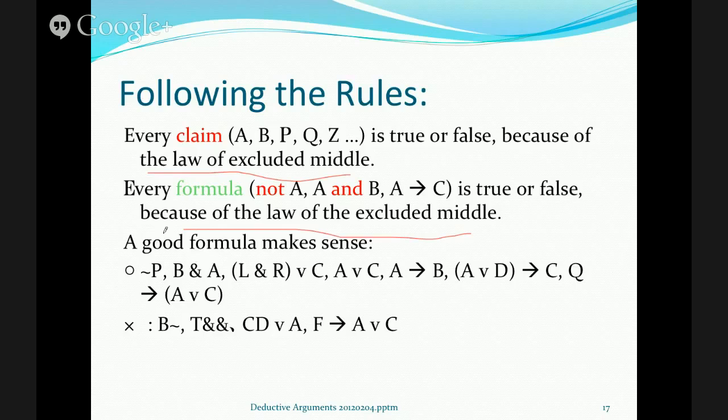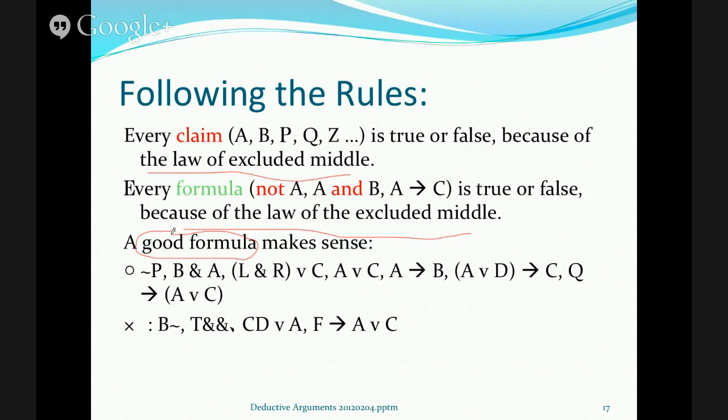Now, formulas can be, we could say, good formulas or bad formulas. So a more complex way to say this is well-formulated formula. But what we mean by that is formulas that follow all of the rules. So we talked about only the following things: not, and, or, if, then.